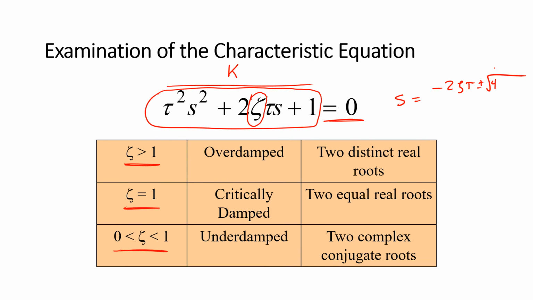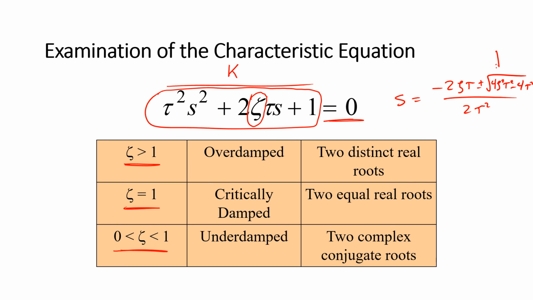So that's going to be 4 times zeta squared tau squared, minus 4 times a, which is tau squared, times c, which is 1. Okay, and then over 2 times a, which is tau squared.